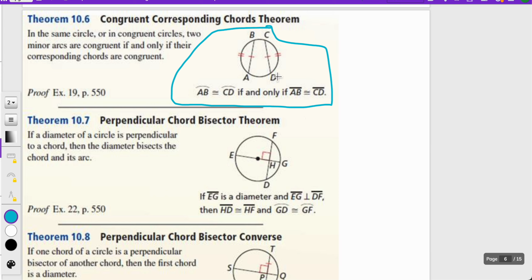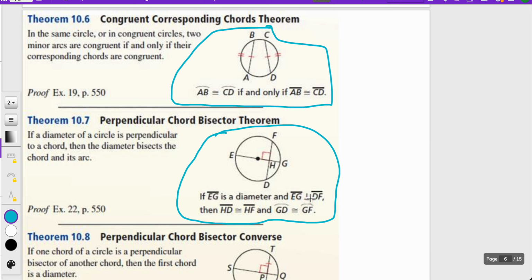Okay? The next one we have is theorem 10.7, the perpendicular chord bisector theorem. If a diameter of a circle is perpendicular to a chord, then the diameter bisects the chord and its arc. So we have the diameter EG. This would be a good picture to draw on your theorem sheet as well.